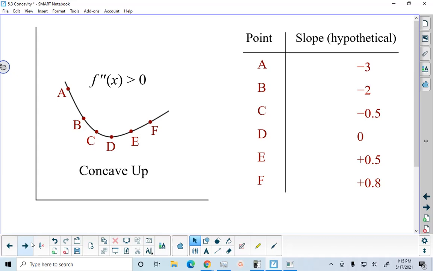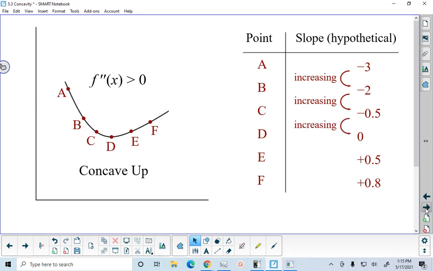But if you take a look at what happens when you go from A to B, you're going from a slope of negative 3 to negative 2, and that is an increase. Which is more, negative $300 or negative $200? Negative $200 is more. It's still not great, but it's better off than negative 300. When you go from negative 2 to negative 0.5, that's an increase.